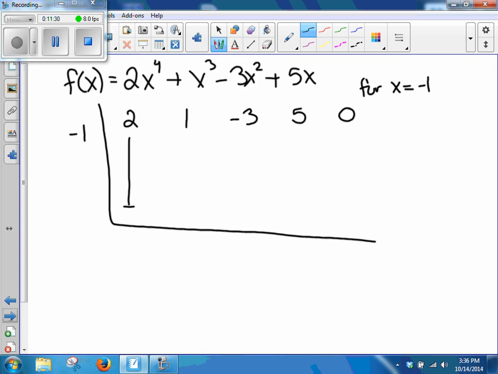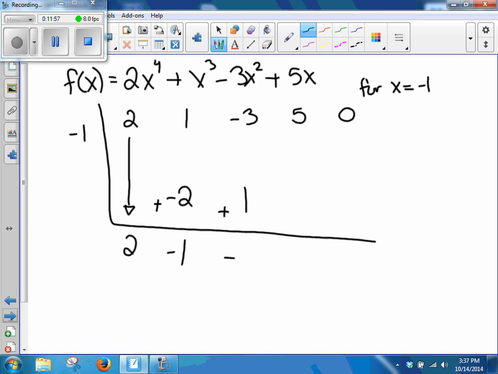Drop down your 2. And go ahead and start multiplying and adding. I'm not going to color code this time, so hopefully you can follow along. So negative 1 times 2, that'll become a negative 2. Add straight down, and I get negative 1. Negative 1 times negative 1 is a positive 1, and then I add straight down.